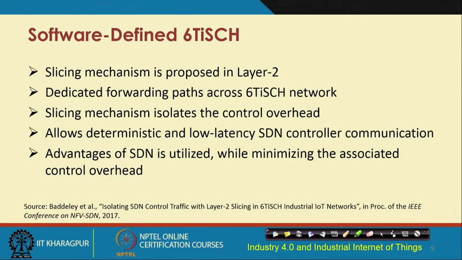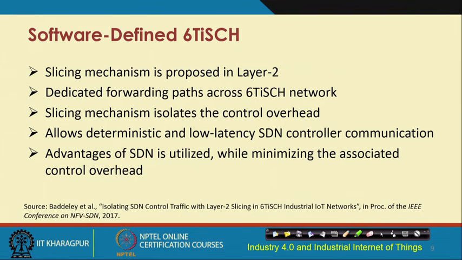So, all of them will be using the different time slots at different points of time. This slicing mechanism will give you dedicated forwarding paths across the 6TiSCH network in a much more efficient manner, and will also help you in reducing the control overhead.